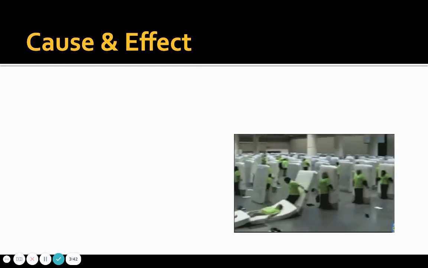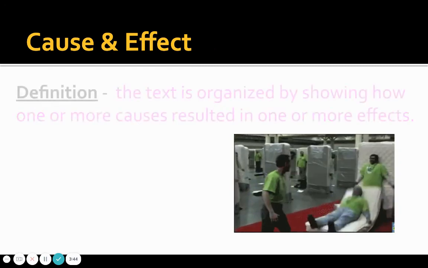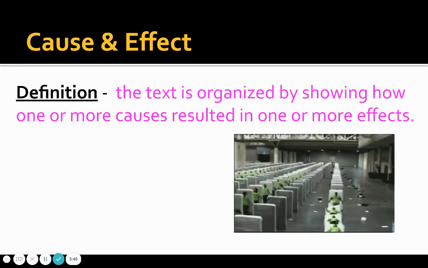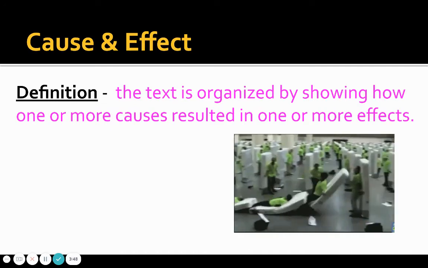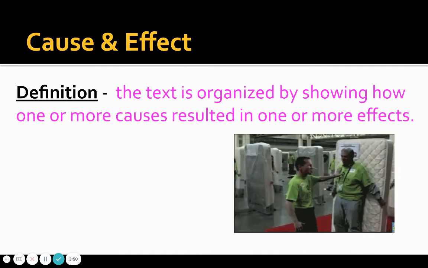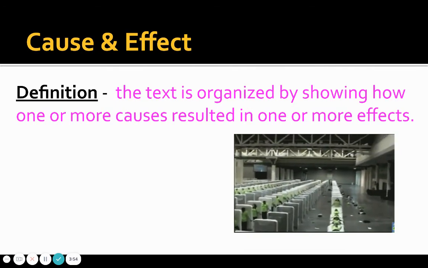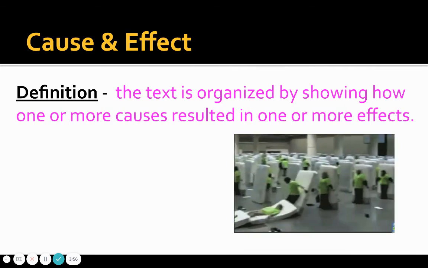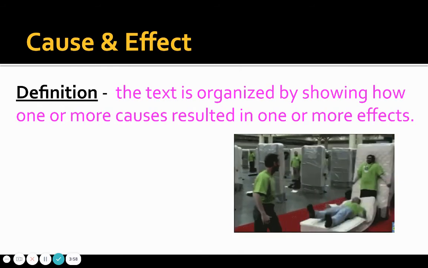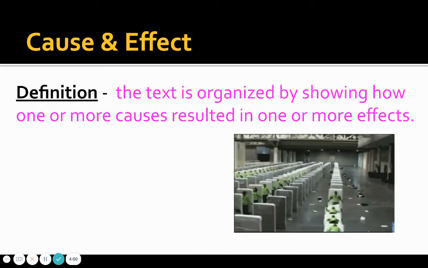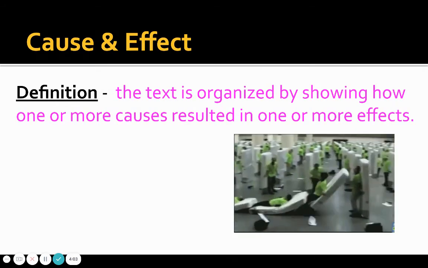And the next is cause and effect. So this is when the text is organized by showing how one or more causes resulted in one or more effects. So here with the human domino system, we see that one push had many hundreds of effects of knocking down mattresses with people in it.